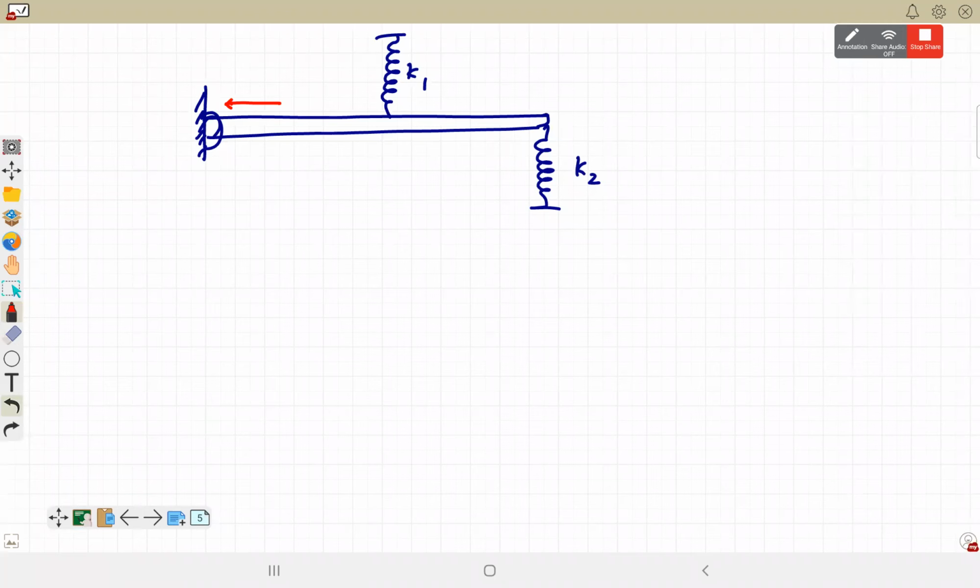To find this time period, we have to calculate the torque. This is L by 2 and here it is L. So when you give a small displacement of theta, the restoring torque we can directly write because of the spring only. The gravity torque is 0.